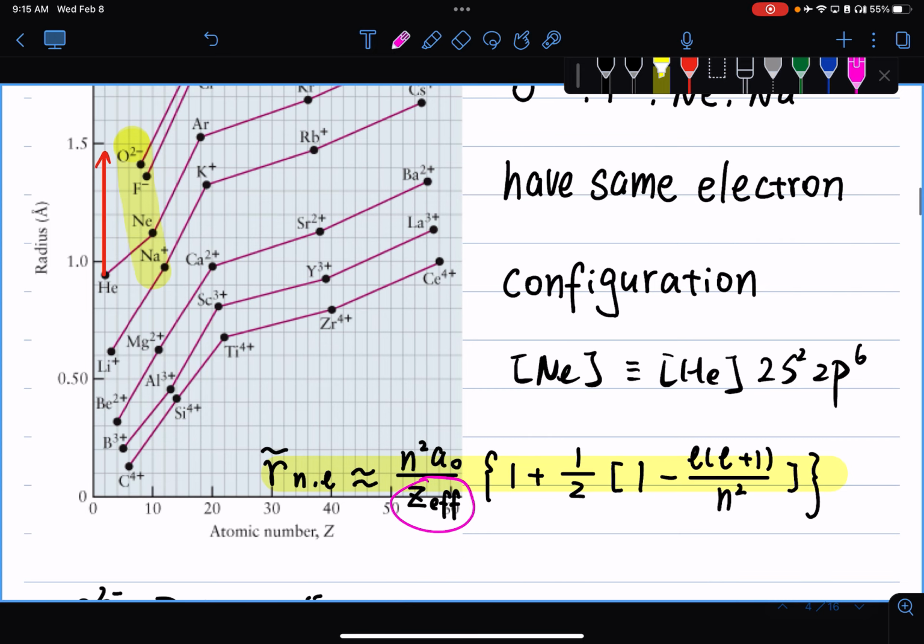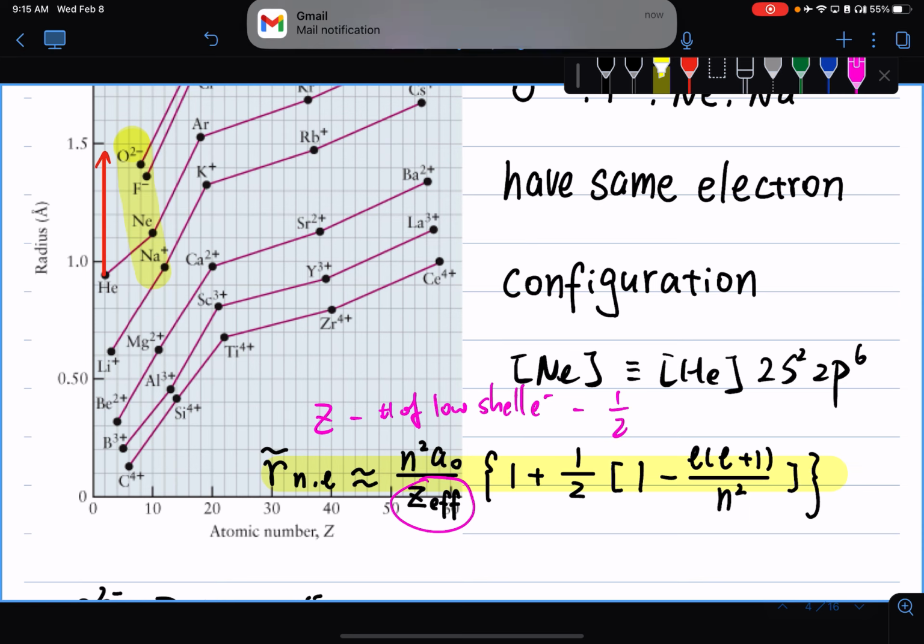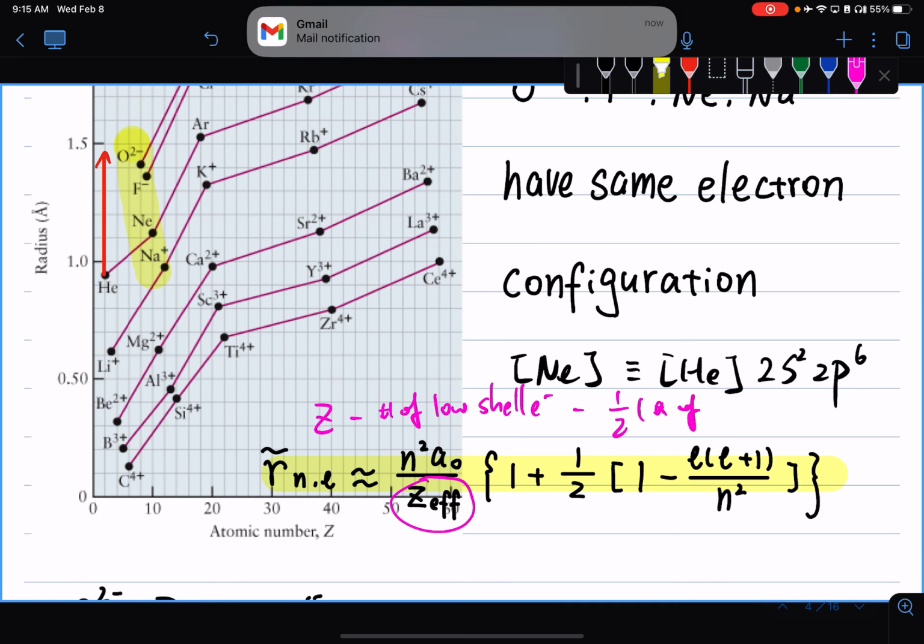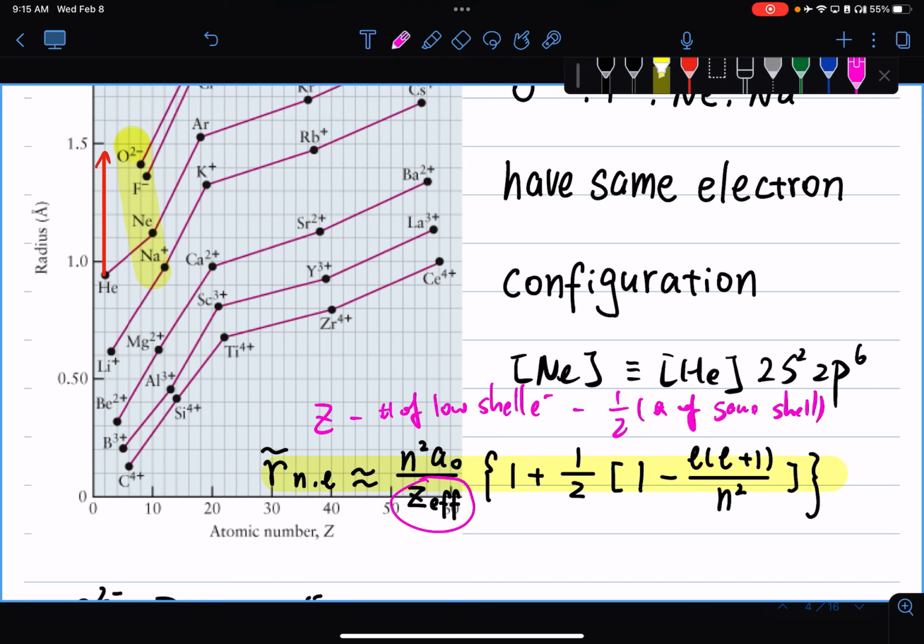And this one has to do with Z minus the number of lower shell electrons minus 1/2 the number of same shell electrons. So in this case, again, the electron configuration is the same, so these 2 numbers are the same. But the atomic number Z is different for these 4 anions or atoms.